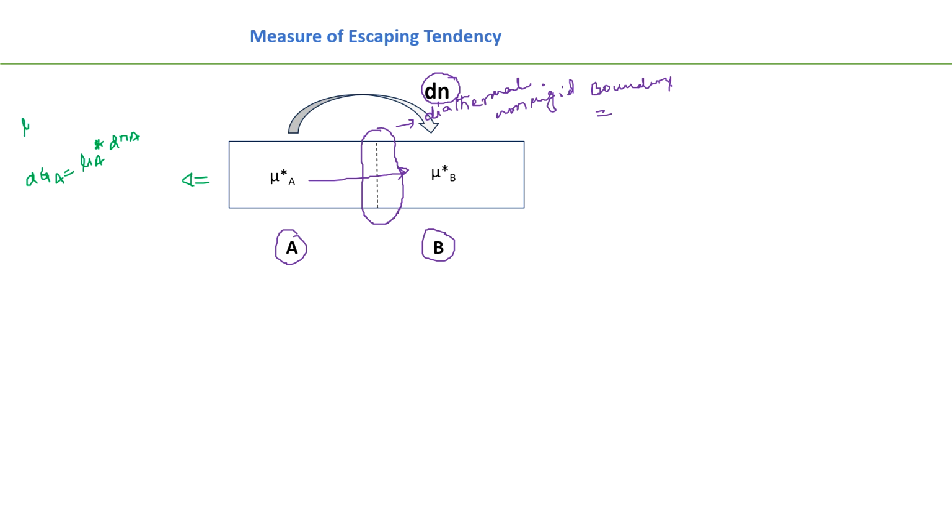Why? Because we know that dG by dn at constant T and P equals mu. From there we can develop this one.